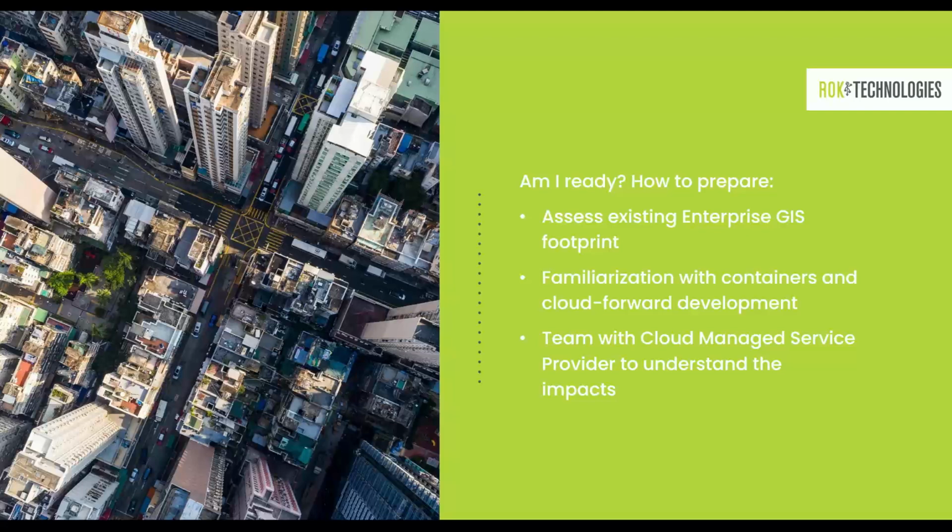So first, to assess your enterprise GIS footprint, you think about what version am I currently running, what desktop clients am I running, am I capable of upgrading to ArcGIS Pro 3.0? Are any of my other workflows incompatible with the Kubernetes environment? Like I was saying, if there's certain plugins that you're relying on, you might have to think about how those add-ons or any existing tasks need to be reassessed and translated into the new environment.